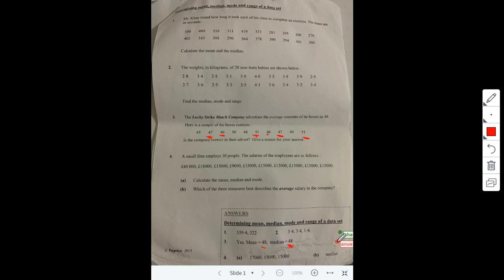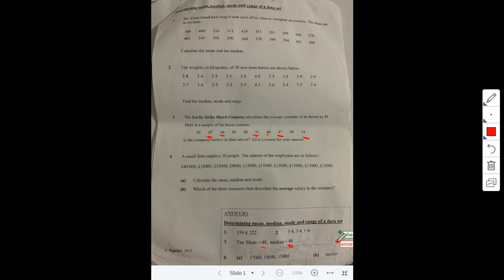Okay. And because it says give a reason, you'd say yes, they're correct because their median is 48 and their mean is also 48. But what if the median didn't work out? Would the answer be accepted if you said yes, the mean is 48?